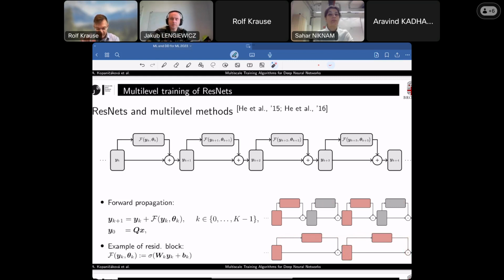This makes theoretical sense if you interpret this as a discretization of an ODE. This looks basically like explicit Euler, and if you put a step size in front of your F, this is going to be your update step in each time step, and this is just your discrete time evolution. Then you can interpret this as a coarse time step, and this as a fine time step.